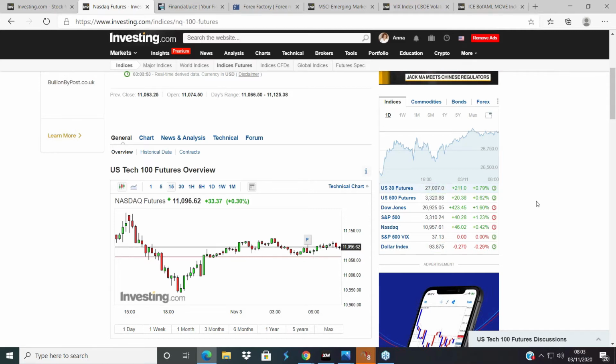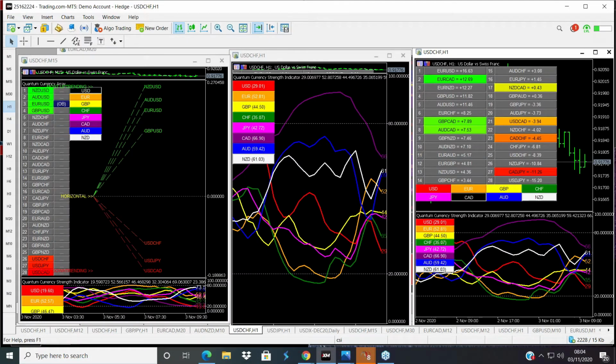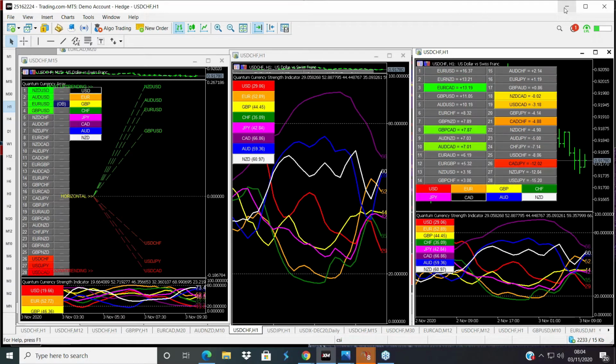And as I've said to our traders on our forex program and in our VPA chat room, as traders, what we have to do is just trade what we see on the chart. By all means, be aware of what is going on in the background. Look at the charts. What are the charts telling you? Do you see a trading opportunity? If you have our quantum trading indicators, they will certainly highlight those opportunities to you.